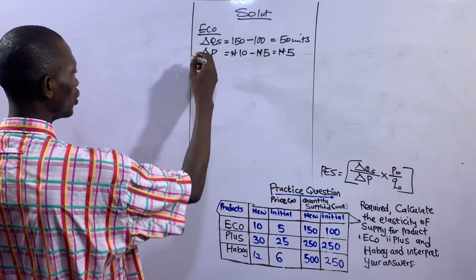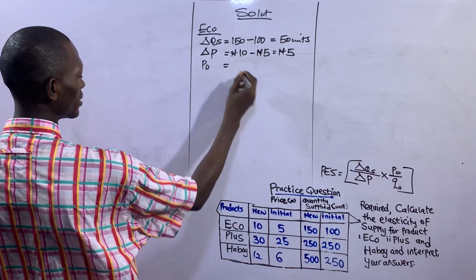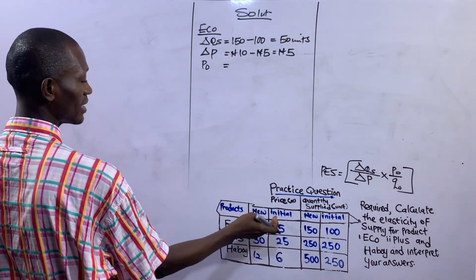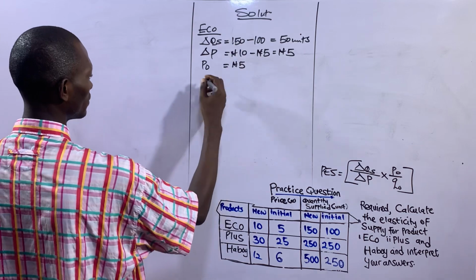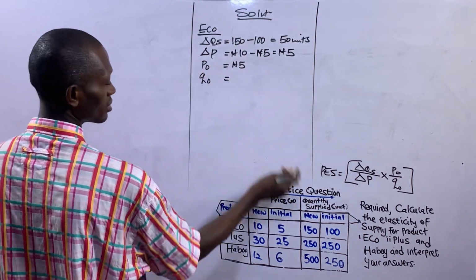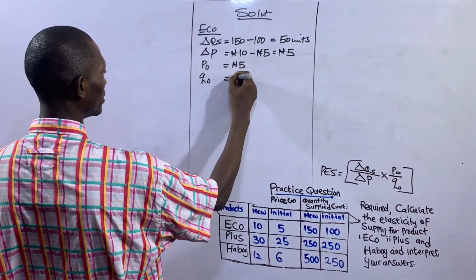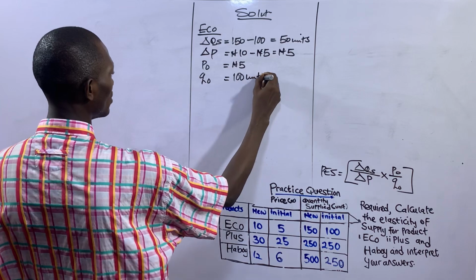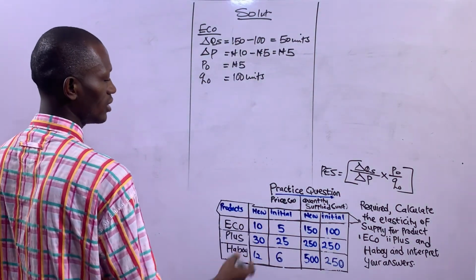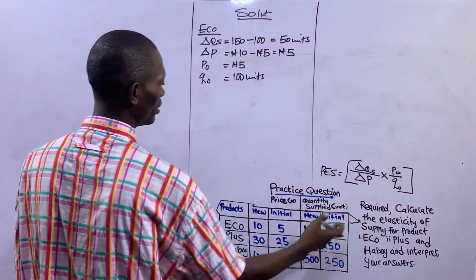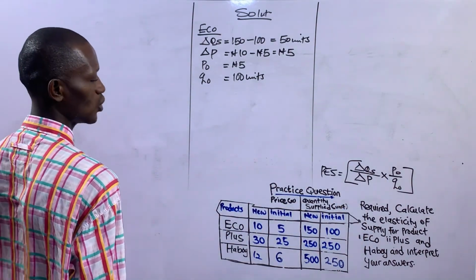Then let's get the old price. The old price, which is the same thing as the initial price, is given as 5. Then the old quantity is given as 100 units. So now that we've gotten all these variables, let's put them in a bracket and get our elastic coefficient.